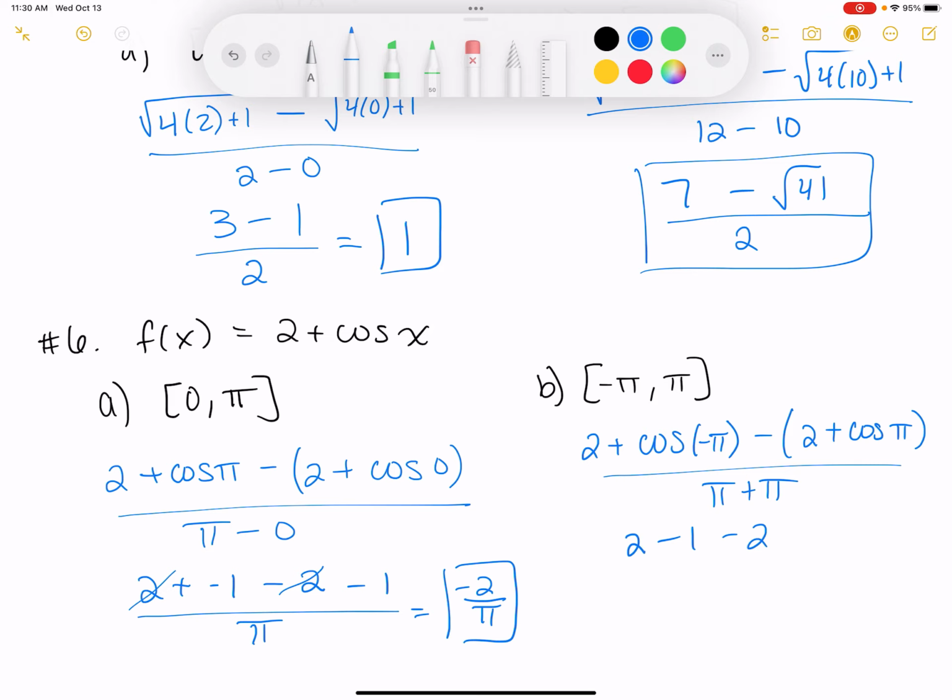Negative 1, I've got a negative up here, so it's going to be plus 1 all over 2 pi. The 2's cancel. You end up with 0 over 2 pi, which is just 0.